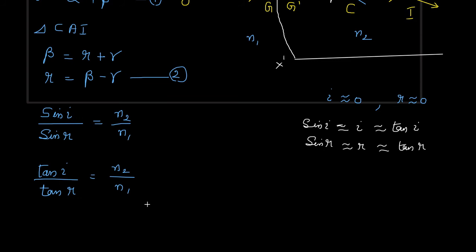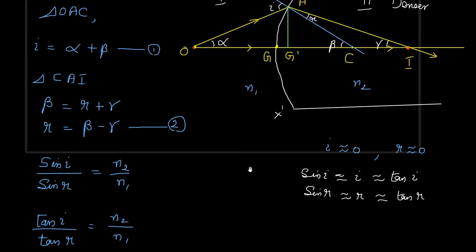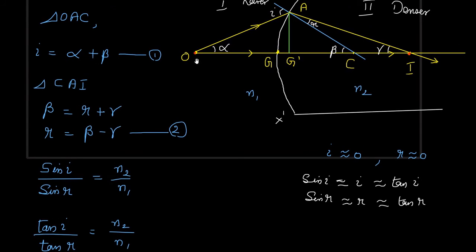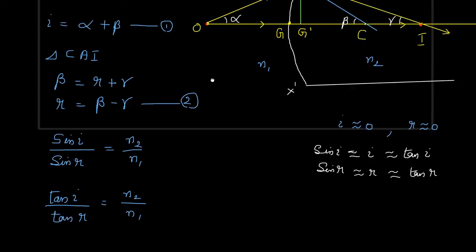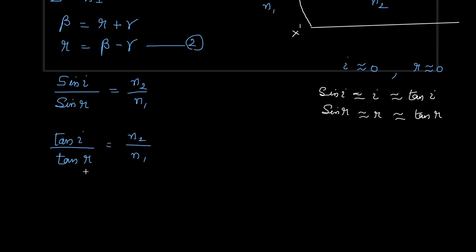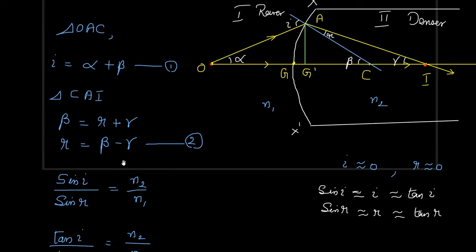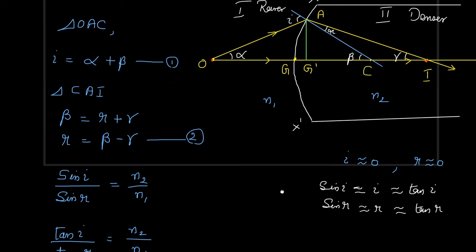Now what is tan I and tan R? From triangle OAC, we had seen I is equal to alpha plus beta. So tan I is tan of alpha plus beta divided by tan R. Angle R is equal to beta minus gamma.